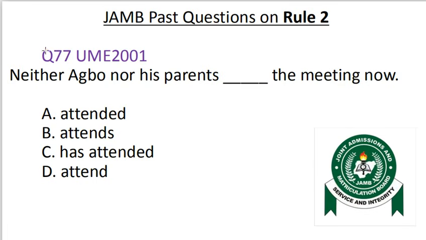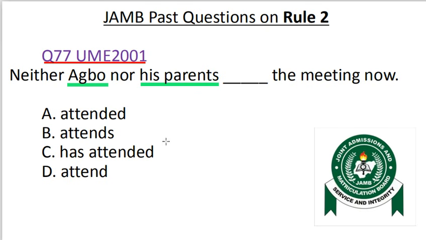Question 77, UME 2001. Neither Agbo nor his parents dash the meeting now. A, attended; B, attends; C, has attended; D, attend.